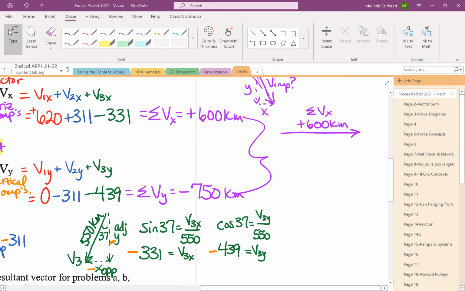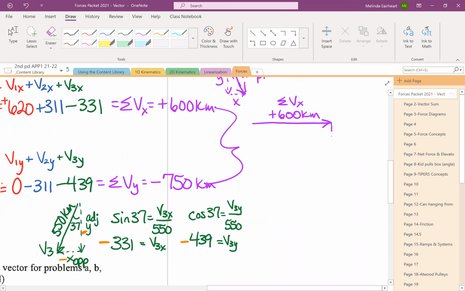Tip to tail, I'm going to go south a little bit bigger for my sum of vertical, that's negative 750 kilometers. So we just found the components of our vector sum, our resultant vector.